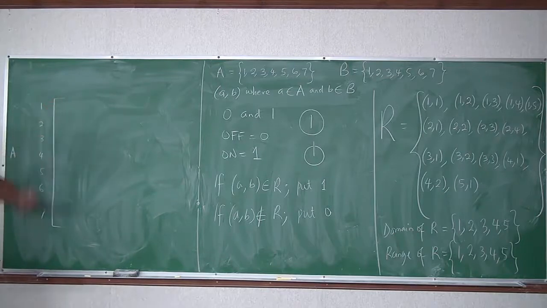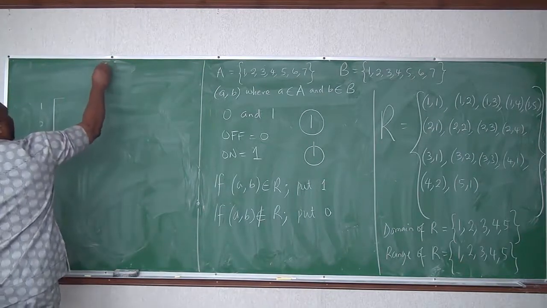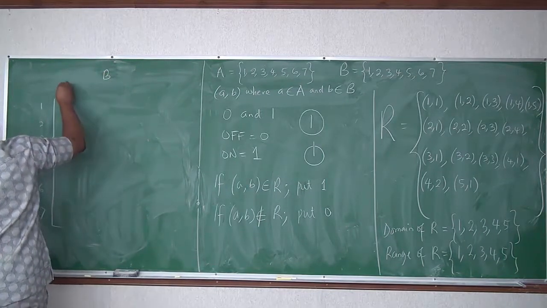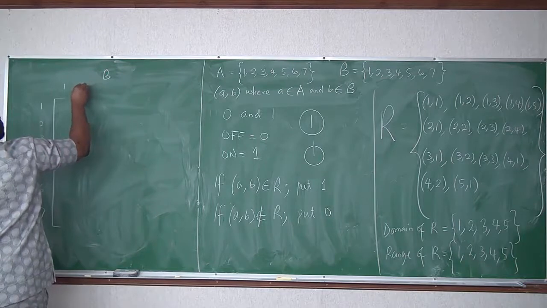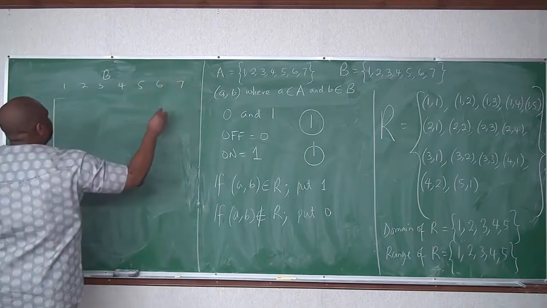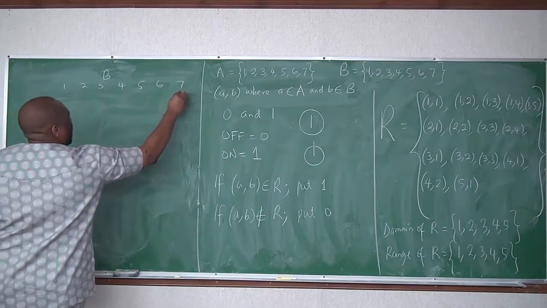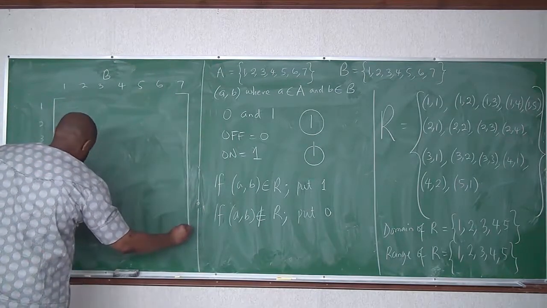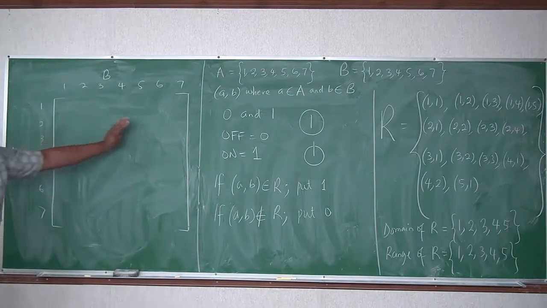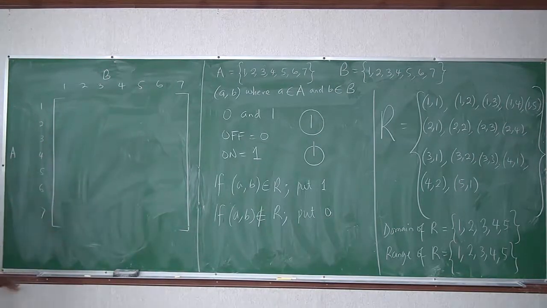The main thing is the matrix. We put A here, and we put B here: 1, 2, 3, 4, 5, 6, 7. And I'm going to close this matrix. So the main thing is what is here.